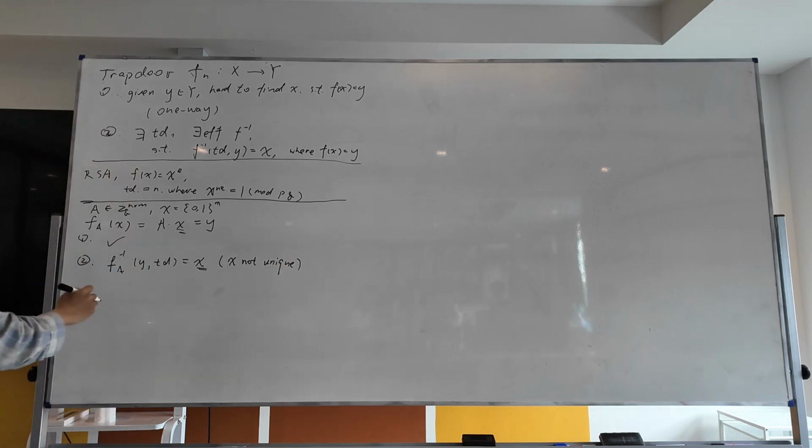So in other words, there may exist many trapdoors, or many inverse functions, that could give us its pre-image. And actually this will play a crucial role in our security proof.